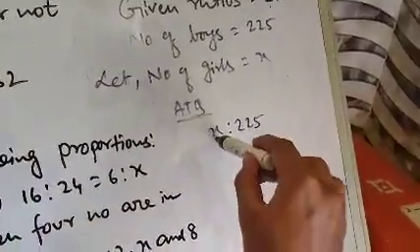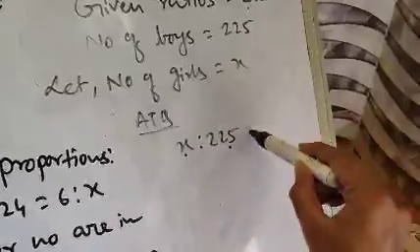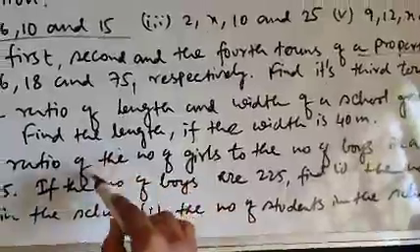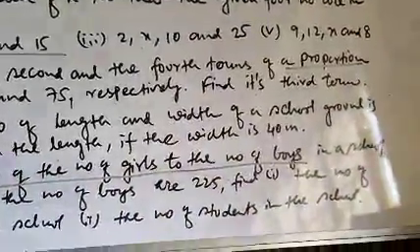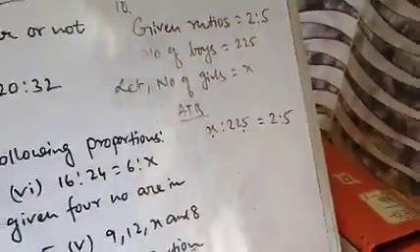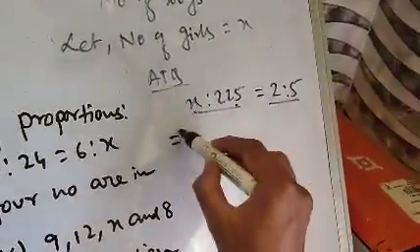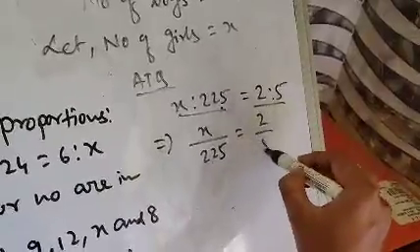This will be equal to the given ratio of girls to boys, 2:5. Therefore x by 225 equal to 2 by 5.